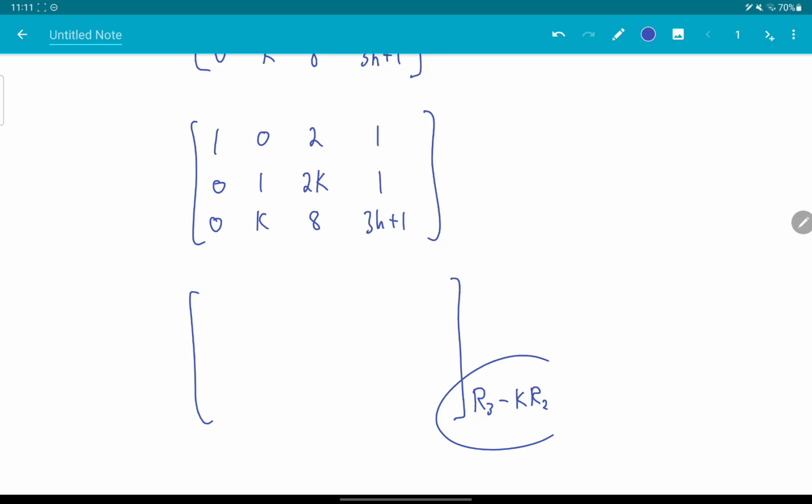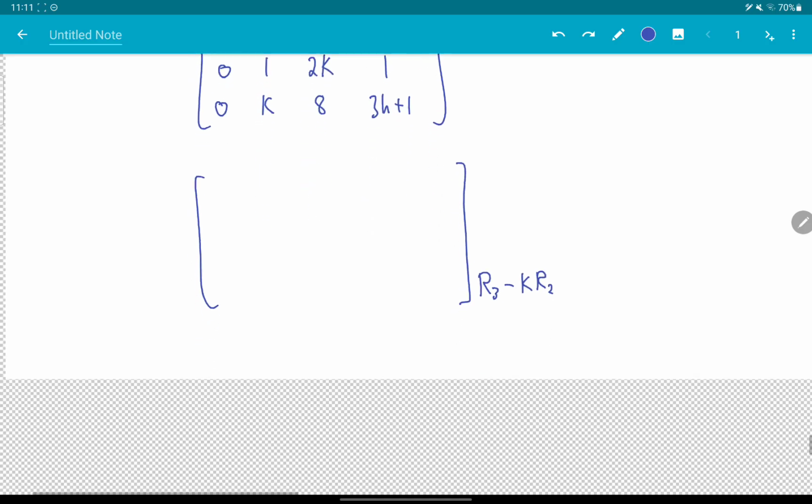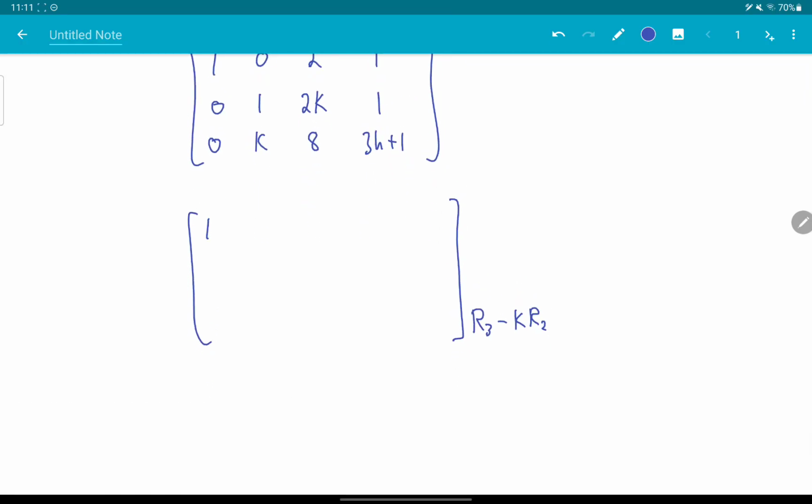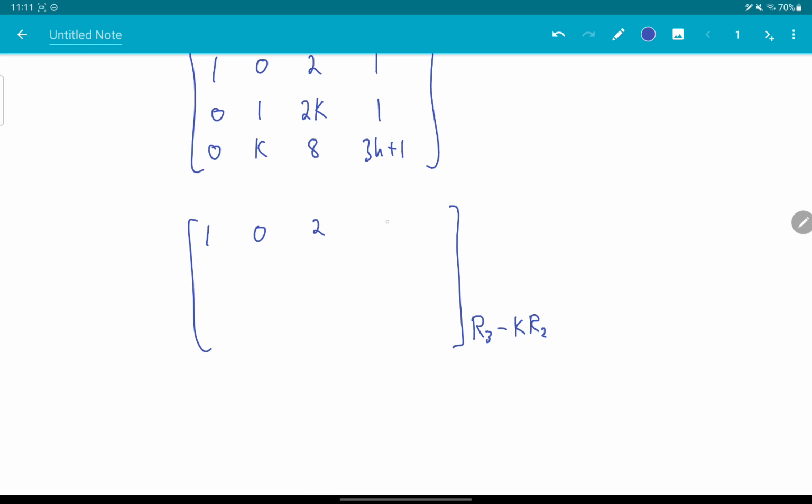I'm just taking a multiple of one row and adding it to another row. Seems a bit strange, but it is an elementary row operation. So I get my 0 here.